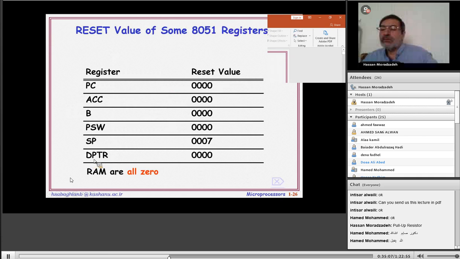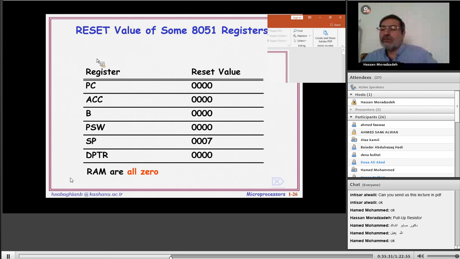PC means program counter. ACC means accumulator. B is the secondary register. PSW means program status word register. SP means stack pointer. These are some registers inside the microcontroller.